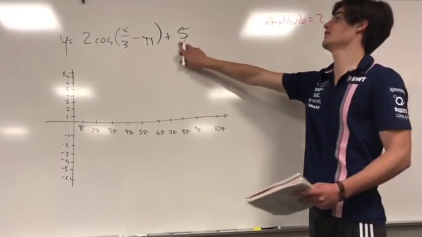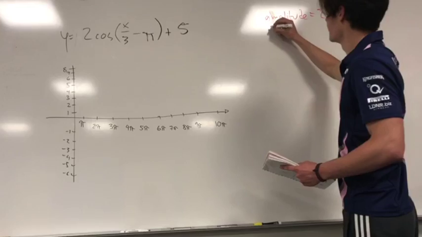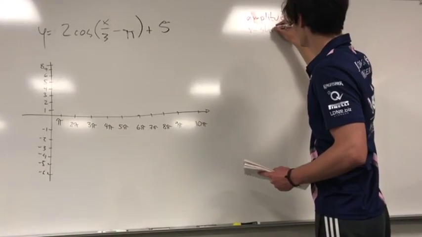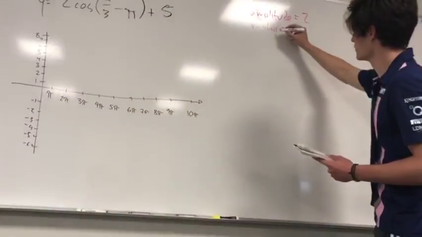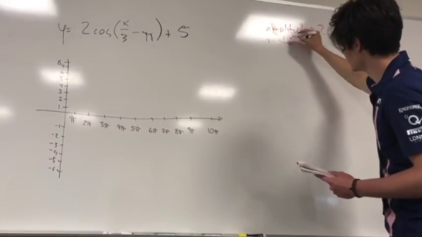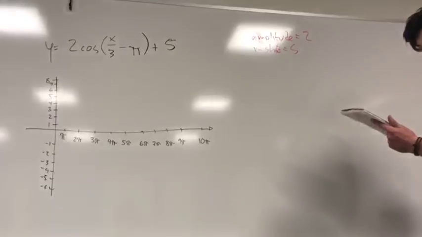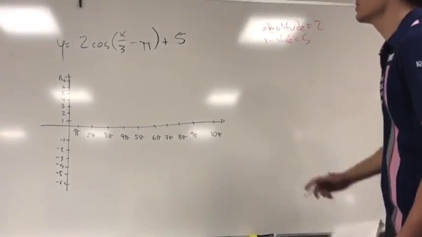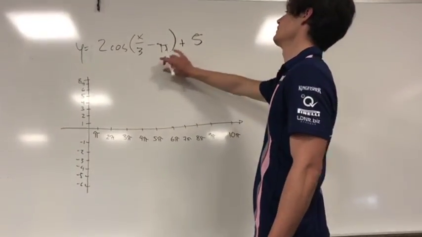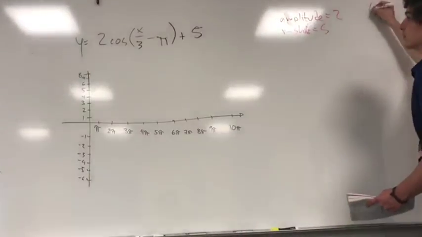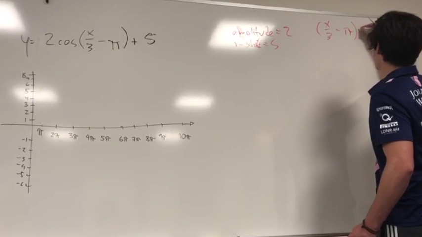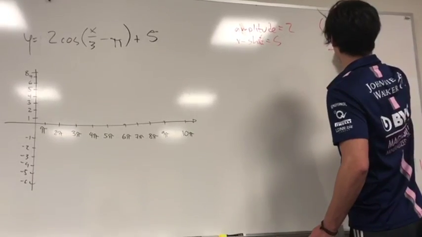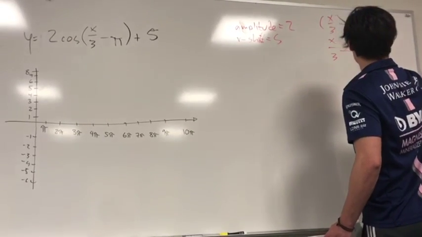Then this is the vertical shift, so the vertical shift equals 5. The horizontal shift is when this equals 0, so x over 3 minus pi equals 0.